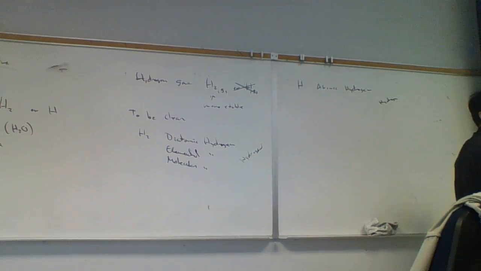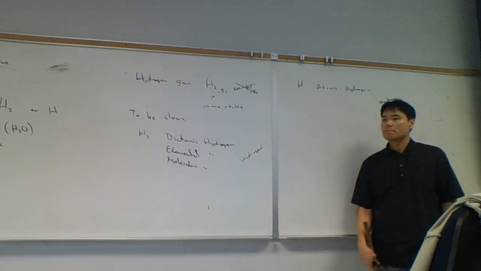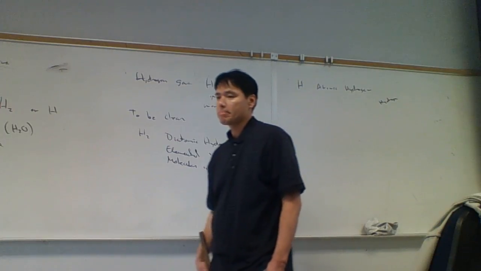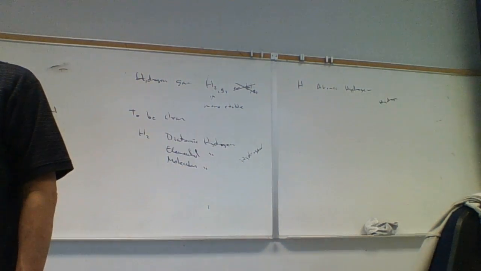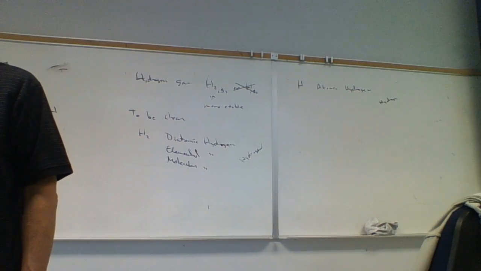For the name, would that be different from like the dihydrogen monoxide? Like different? Like atomic oxygen would be the same as monoxide? That would be. Well, these are just the names of the elements.